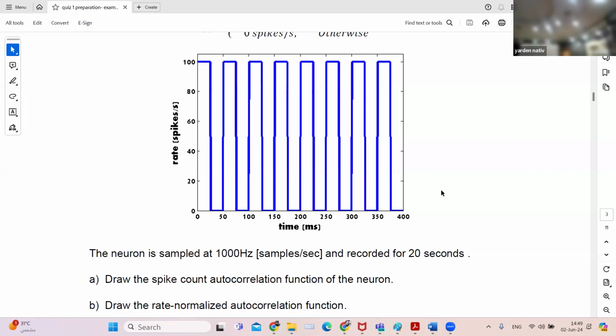So instead of being average, things are like 60. How many spikes do they expect?